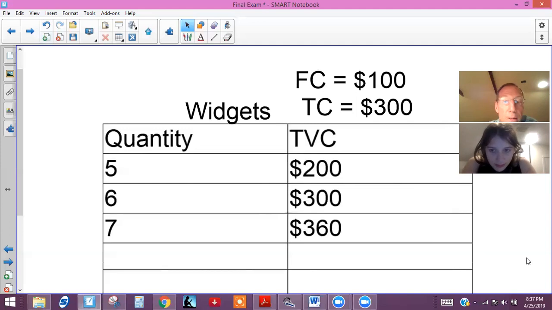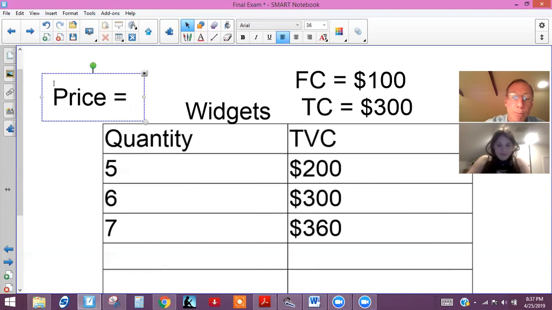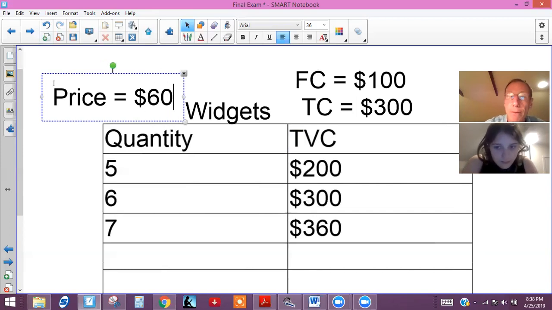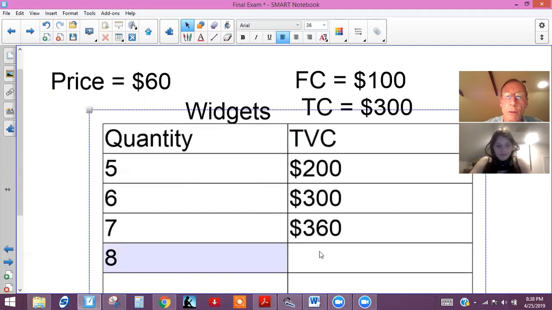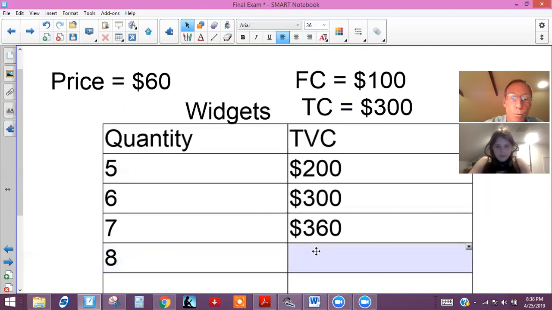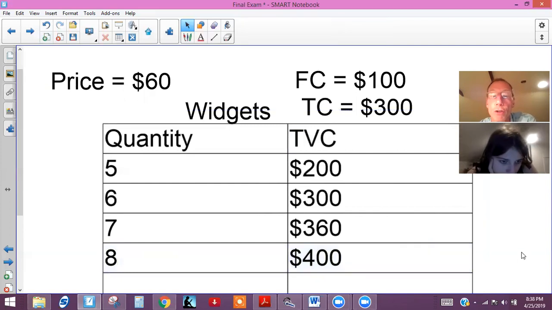Then the other thing is, if the price of a widget equals 60, and this is in a perfectly competitive market, and for the 8th one the total revenue is 400, how many widgets is this firm going to produce? 5, 6, 7, or 8?